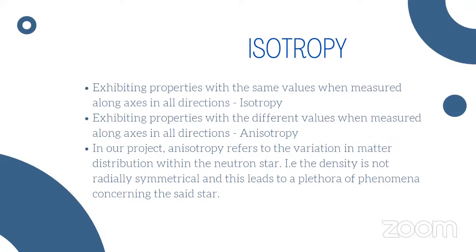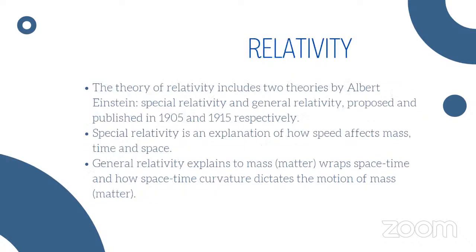So in our project, anisotropy typically refers to the variation in matter distribution within a neutron star. That is, we say that the density is not radially symmetrical, and this leads to a plethora of phenomena concerning the star. Based on this assumption, we can discuss a number of cases. A number of research problems can further be derived from the case of anisotropy itself.